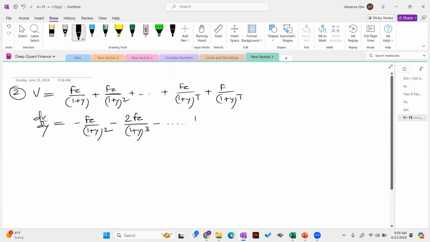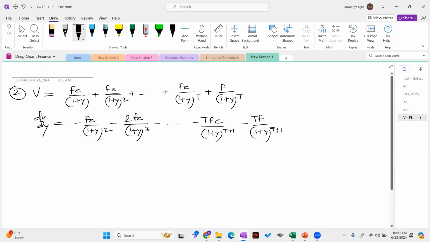This one is minus TFC, not KFC, divided by (1 plus y) to the power T plus 1, and again we have minus TF divided by (1 plus y) to the power T plus 1.